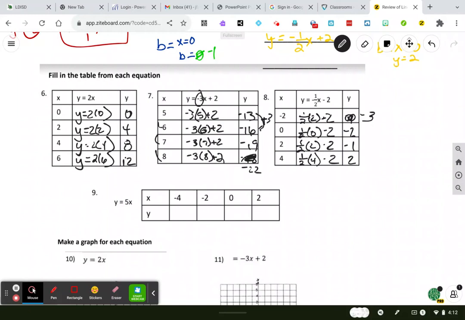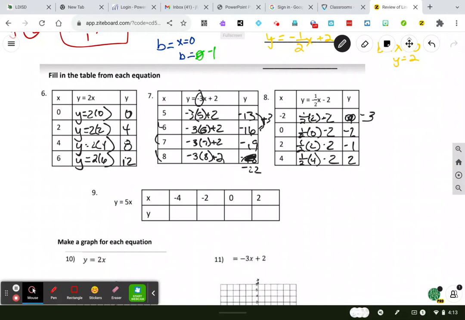Half of 2 is 1. 1 minus 2 is going to be a negative 1. Half of 4 is 2, and 2 minus 2 is 0. So actually we did do this right. Although it's not a perfect line because the numbers don't come up to a perfect line.